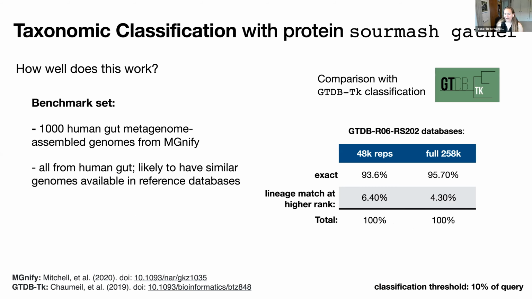We found exact lineage matches for about 95% when using the full GTDB recent release. And the additional around 4% all matched at the genus level. So we think it's doing pretty well, even though we're currently using a very naive classification threshold of 10% of the query, and we need to look into this a little bit further.